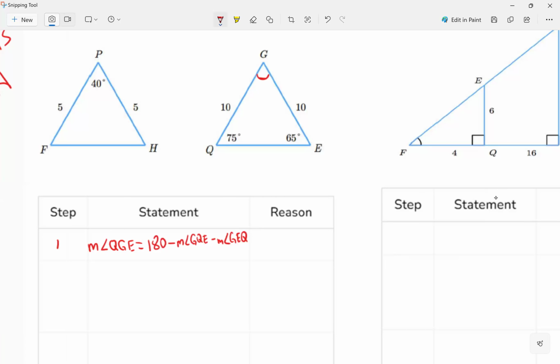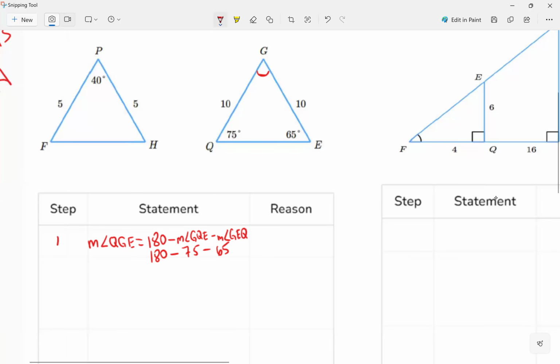And you're like, well, how is that in numbers, Mr. Dunn? So, well, 180 minus 75 minus 65. Well, what's that? What's 180 minus 75 minus 65? I use a calculator and I happen to get 40. Okay. So I just say this angle right here, it is 40 degrees.